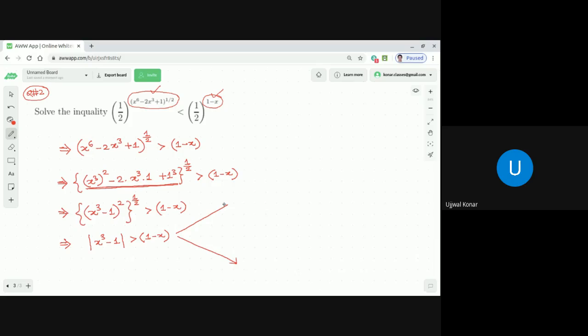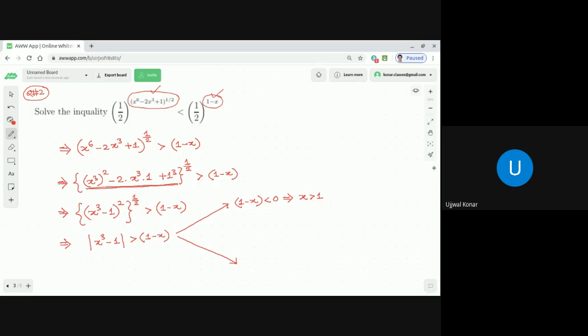One case is that 1 minus x is less than 0. That is quite obvious. A non-negative value, that is mod of x cube minus 1, definitely should be greater than a negative value, that is 1 minus x. That implies 1 is less than x. That means x is greater than 1. So for x greater than 1, it is automatically satisfied, dear students.